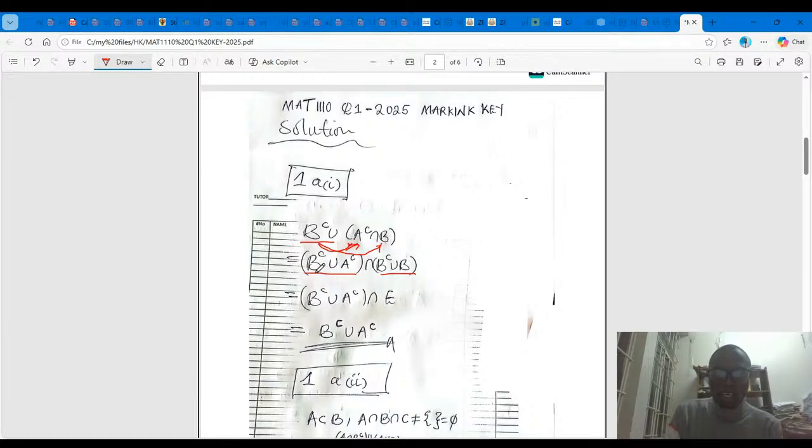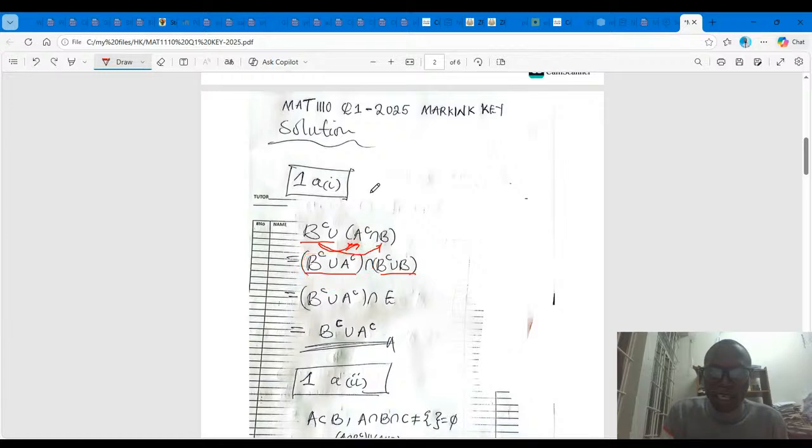Okay, so when I look at B complement union A complement, intersection B complement union B complement, I can't further simplify this, but I can further simplify this because I know that B complement union B is just the universal set, because you are taking what is outside B and what is inside B. So it is going to give you a universal set.